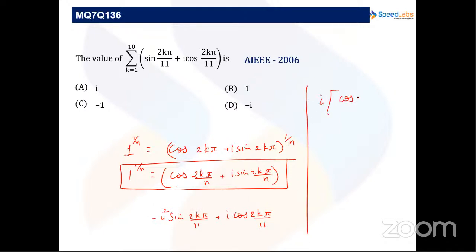So you would be getting cos 2k pi/11 minus i sin 2k pi/11.